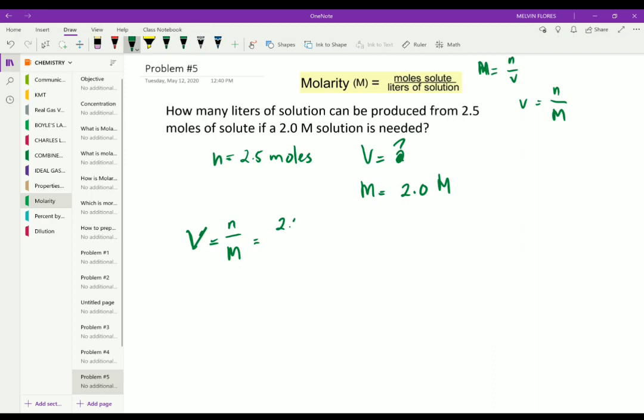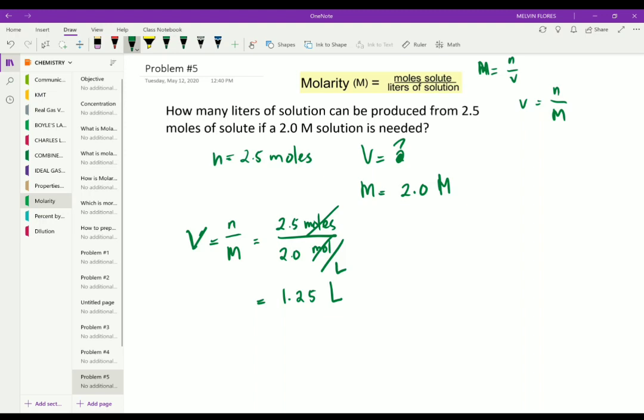The number of moles is 2.5 divided by molarity, which is 2.0 mole per liter, because that is what is meant by molarity, the big M. So you cancel the mole to get the liter as your unit. 2.5 divided by 2.0 is going to give you 1.25 liter of solution, which is the volume.